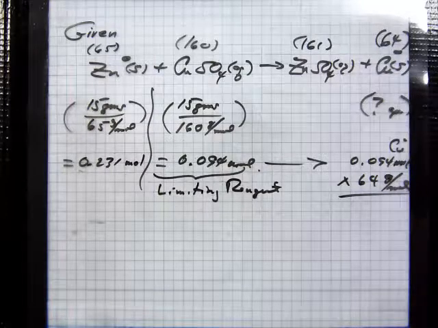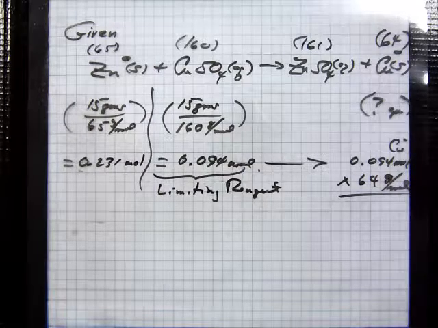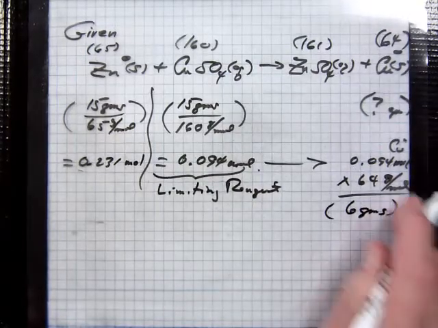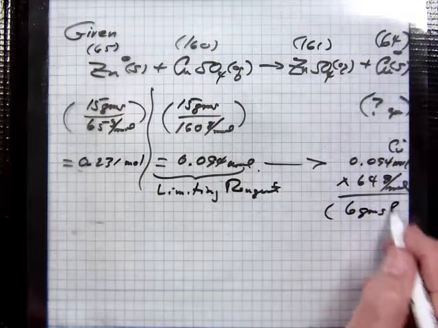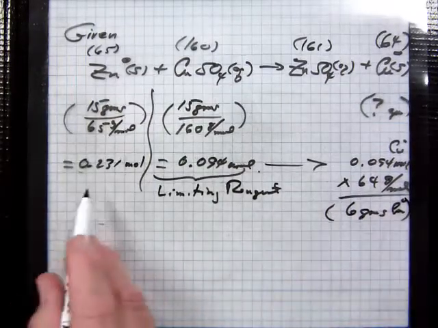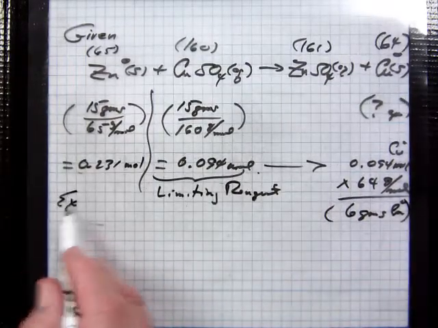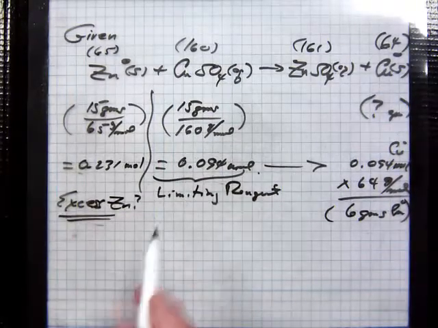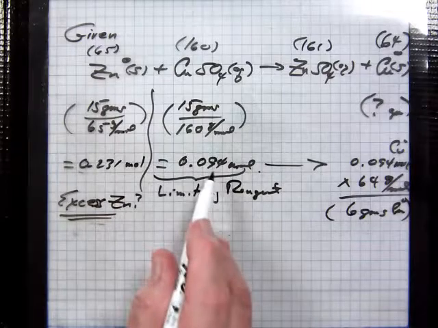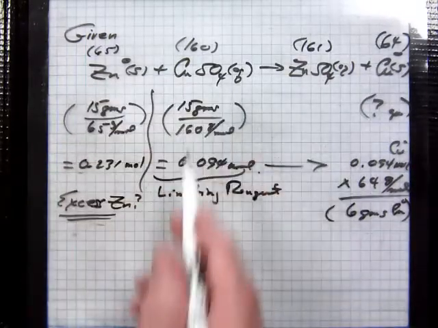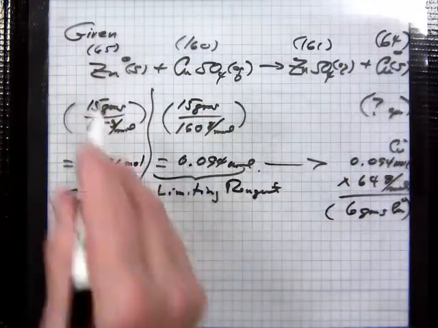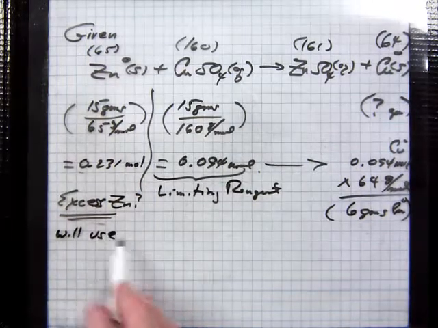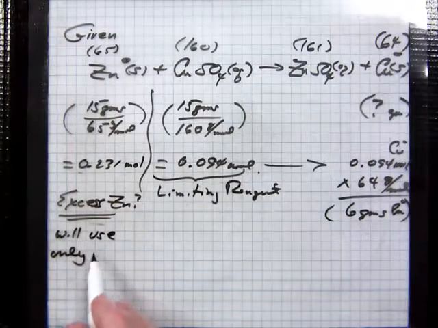So, 6. Okay, how much is in excess will depend also on this. Well, that's a 1-to-1, so how much of the zinc will I be using? Will use only how many moles?